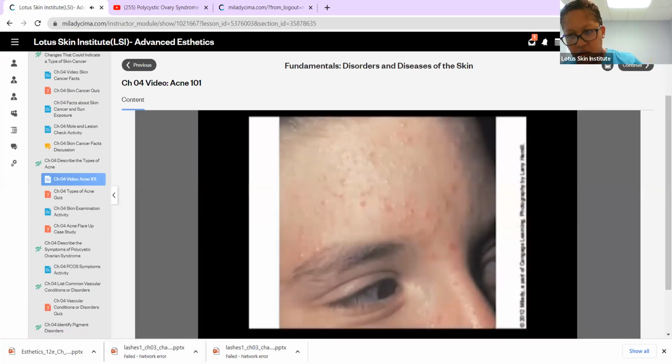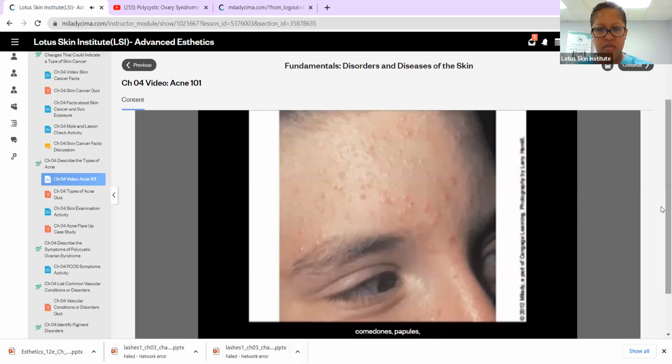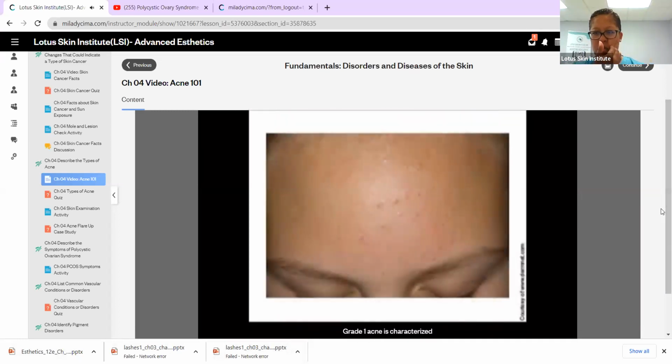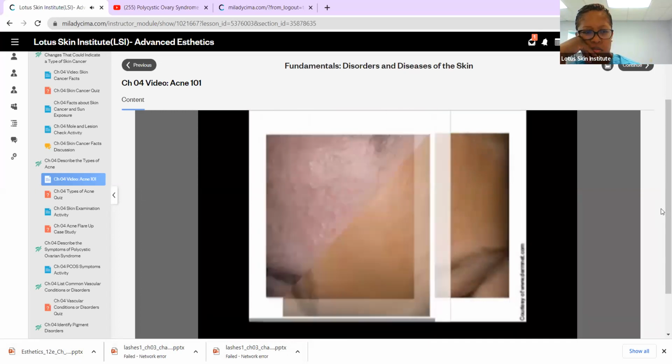There are 4 grades of acne. Severity is determined by the number of lesions, comedones, papules, pustules, and cysts. Grade 1 acne is characterized by minor breakouts, mostly open comedones, some closed comedones, and a few papules.